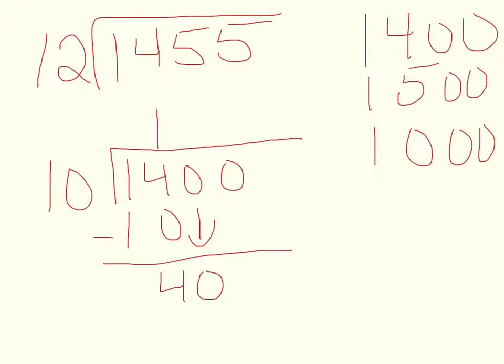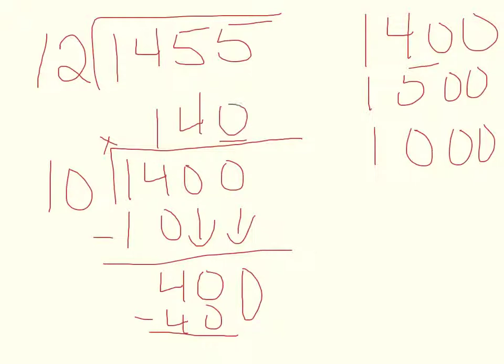Hopefully Natalia said there are 4 10s in 40. 4 times 10 is 40, and 40 minus 40 is 0. Then we bring down our other 0. Now, we can't leave this place value empty, so we have to add a 0. So our estimate is 140.